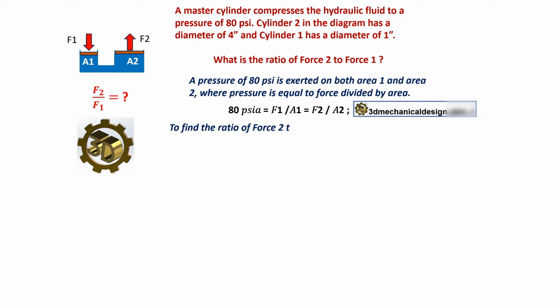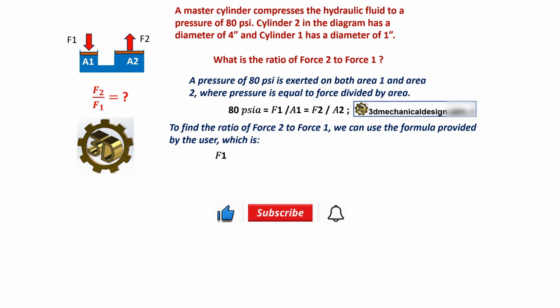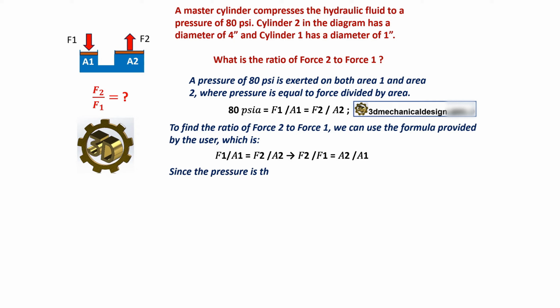To find the ratio of force 2 to force 1, we can use the formula F1 divided by A1 equals F2 divided by A2, so F2 divided by F1 equals A2 divided by A1. Since the pressure is the same in both cylinders, it cancels out and we are left with the ratio of the areas of the two cylinders.